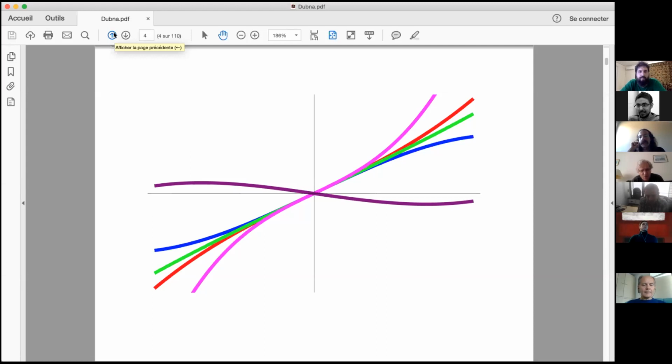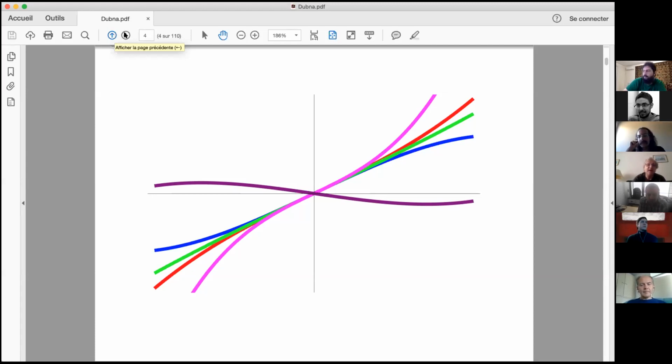And you see that all these colors, from the left to the right, are submitted to some permutation.